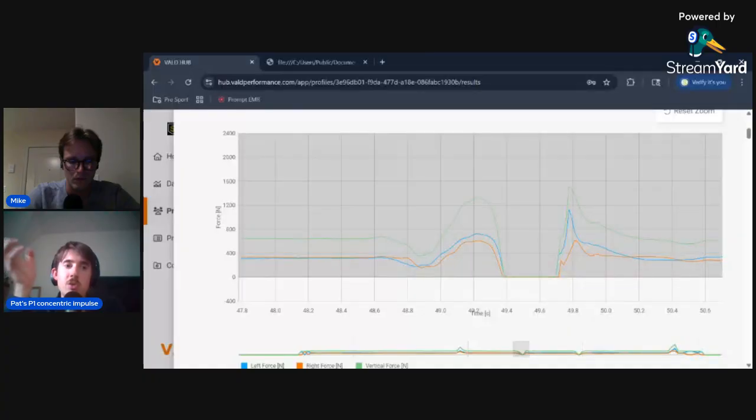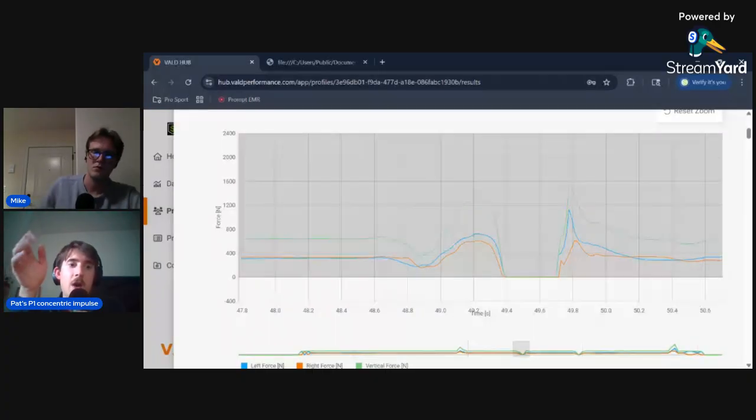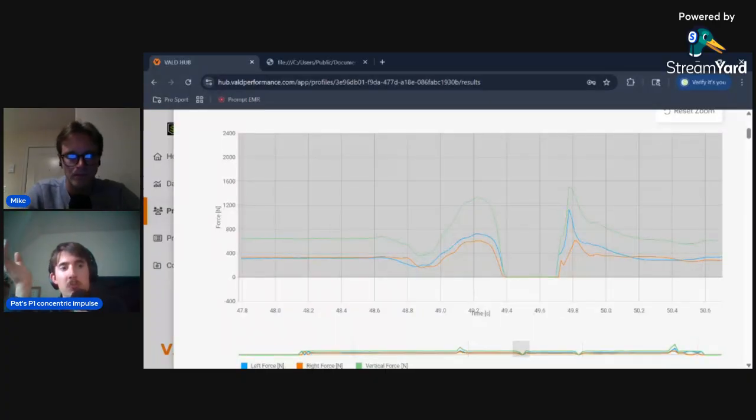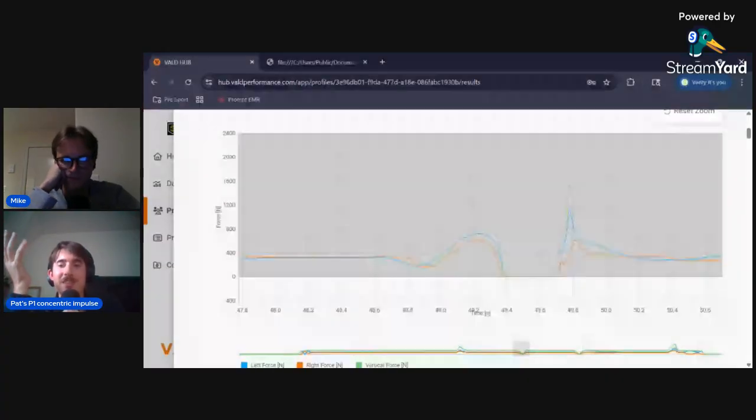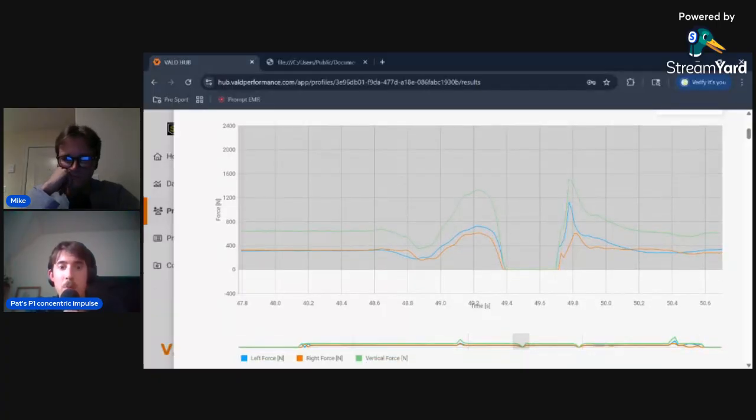So the moment when they have to begin to reverse is when you'll hopefully see that start to really expand in terms of deficit, if it's present. Because you're dropping relatively similar to body weight, since you're unweighting, and then it's when you start to apply the brakes that you have more going towards the ground, relatively.